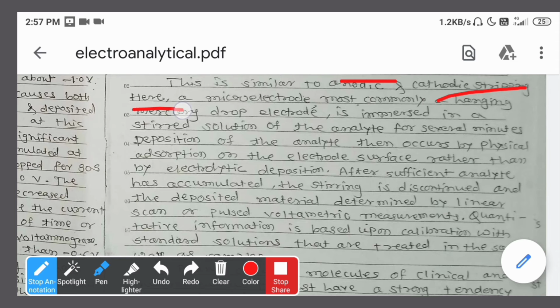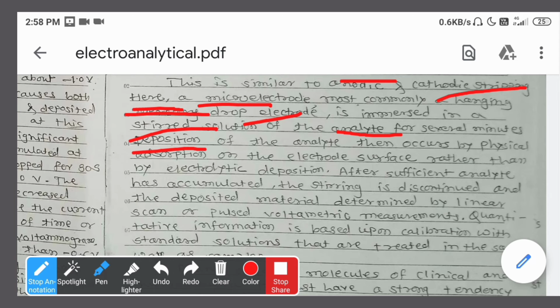But the difference is that in cathodic and anodic stripping voltammetry we apply an external potential to the electrode, which is nothing but the hanging mercury drop electrode, and this electrode is immersed in the stirred solution of the analyte for several minutes, around 5 to 30 seconds or 100 seconds.